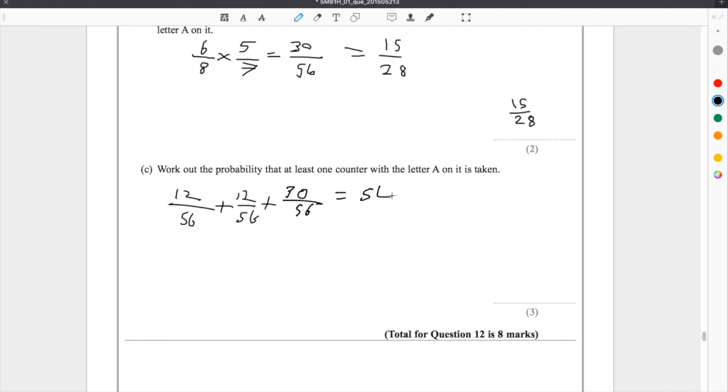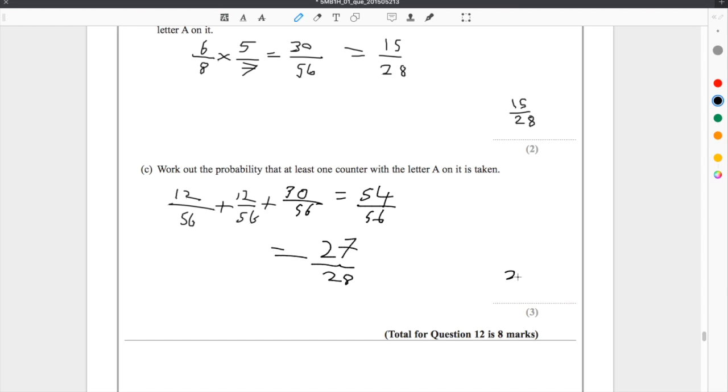Which is 54. And again, we simplify this as much as we can. Well, 54 out of 56 can be simplified to 27 out of 28, dividing both the numerator and denominator by 2.